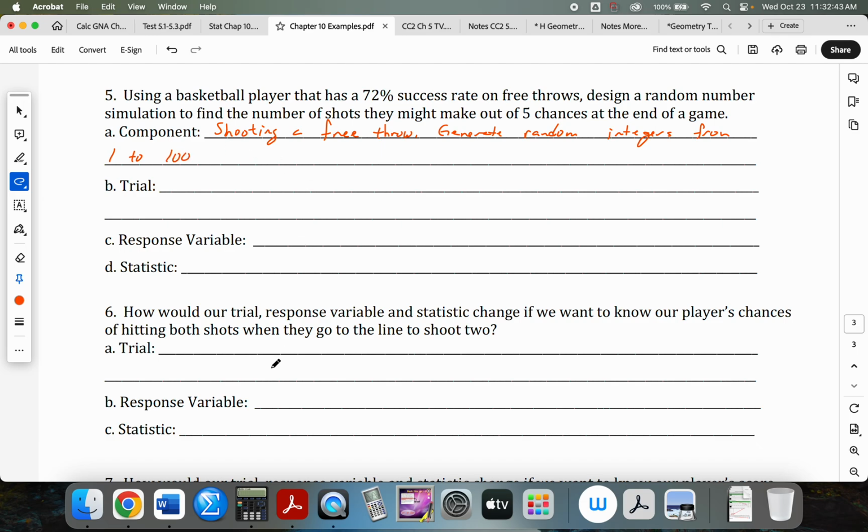You could do 0 to 9, but then that's really difficult because then it's like, what are you going to do with the 72%? Let 1 to 72 represent a make, and 73 to 100 represent a miss.